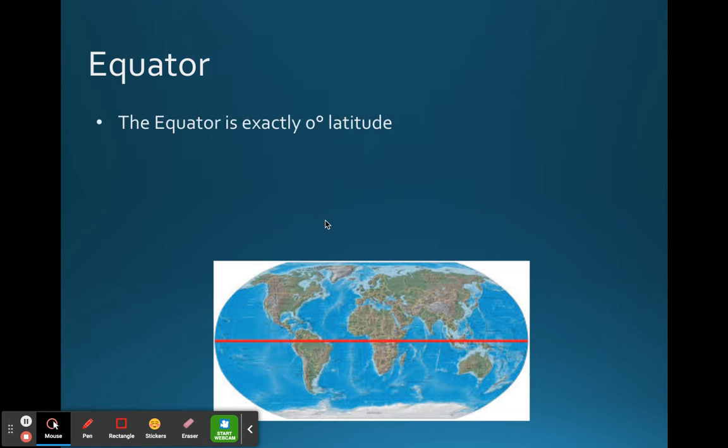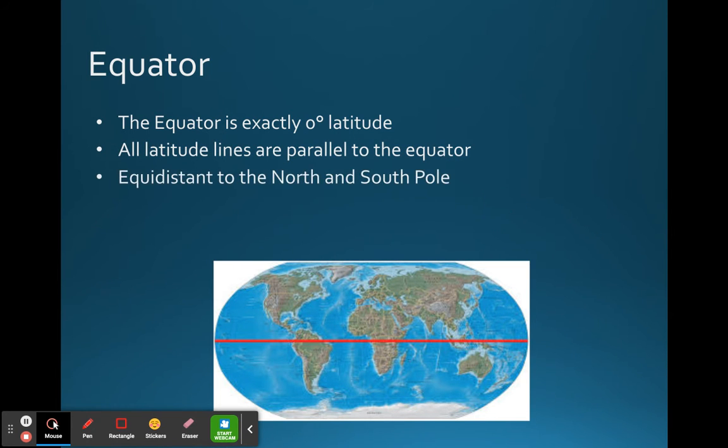Let's first talk about these major lines. The equator is exactly 0 degrees latitude. It goes in the middle of the Earth. All latitude lines are parallel to the equator, and it's exactly equidistant to the North and South Pole. Equidistant means equal distance, so it cuts the world in half.